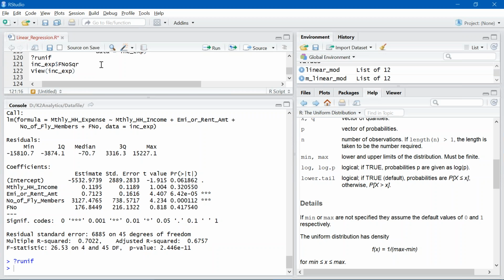I'll just add one more variable, income expense dollar flat number multiplied by income expense star flat number, but again this will become multicollinear. Anything that you do will bring multicollinearity, because you are able to create it. I want a random number generation. Let me get the syntax.